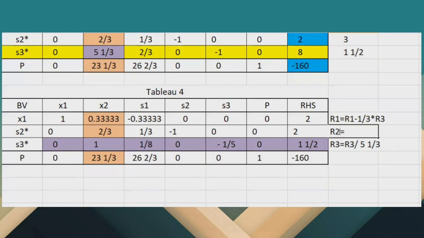Para maging 0, minus 2/3. So, row 2 minus 2/3 times row 3, highlighted purple. Then, yung row 4 naman, para maging 0 yung 23 and 1/3, i-minus mo sa sarili niya. So, row 4 minus 23 and 1/3 times row 3. So, yun yung mga formula.